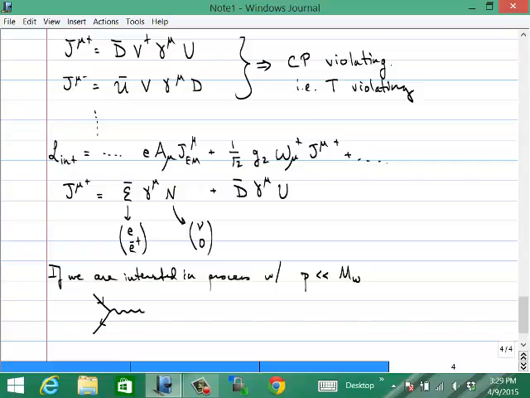Here we would have an electron and a neutrino scattering via some W boson to an electron. Oops, I drew my charge arrows wrong there. An electron and a neutrino. Then you might be interested in computing this process.